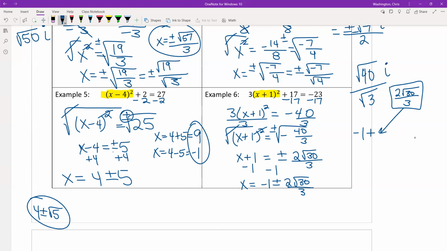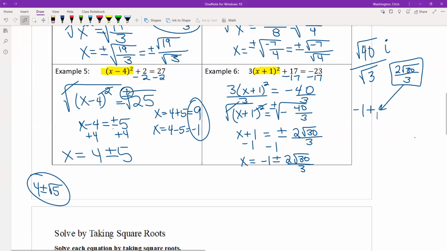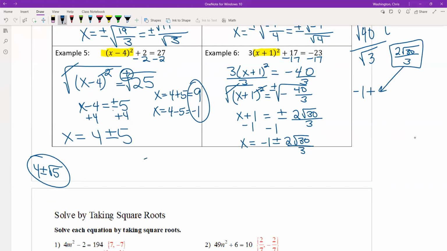And now what does your calculator say? Your calculator should say something that looks like this. It's going to say 2 square root of 30 minus 1 all over 3, or, if you change the plus sign to a minus sign, it would look like that. But typically, the square root always comes last.